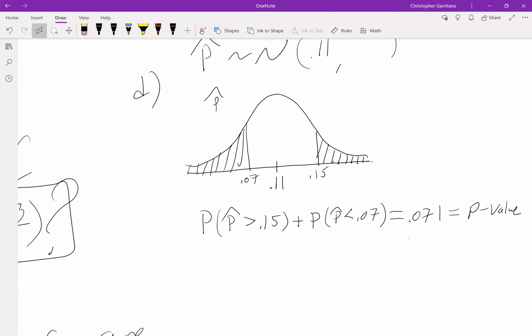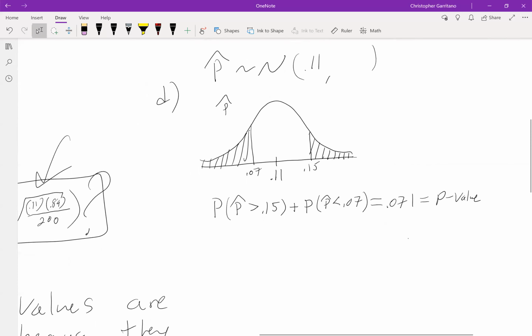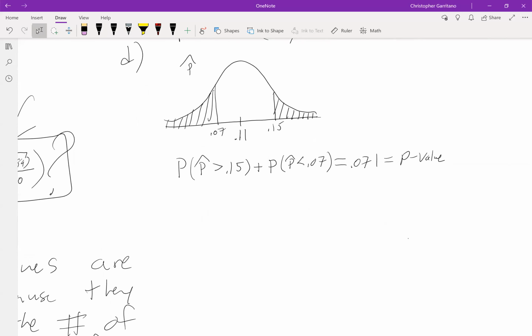And that total area is 0.071. By the way, my shading is definitely not to scale, and that shading should be perfectly symmetric, which you can see it is not in this case. But forgive me, I am no artist. Now, how do we interpret this p-value?